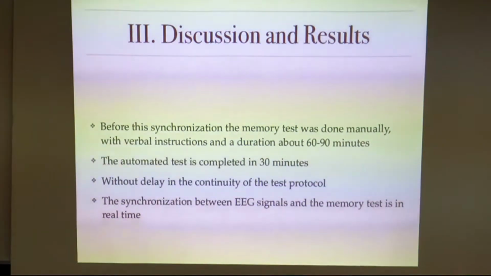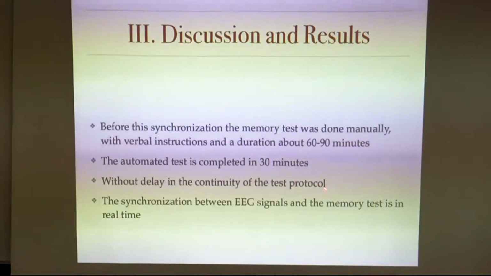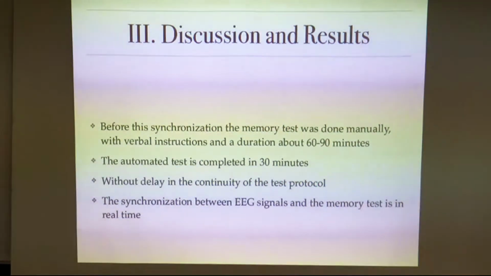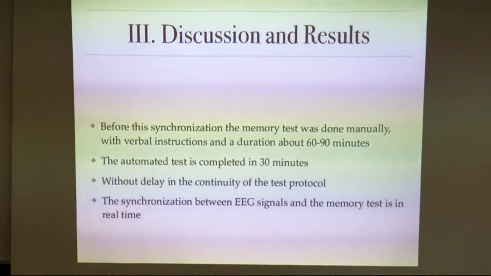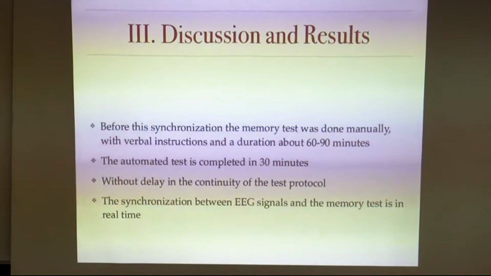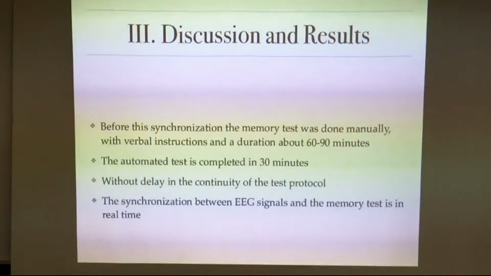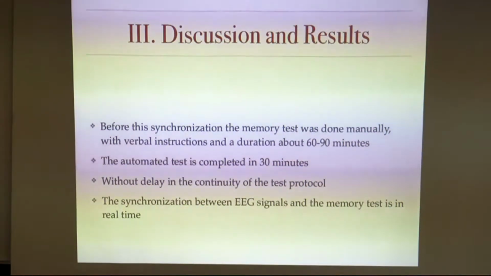And this automated test is completed in 30 minutes. And this is very, very important for the neurologist, without delaying the continuity of the test protocol in medicine. They have to follow strict protocols to validate the method. So this allows continuity in the test.